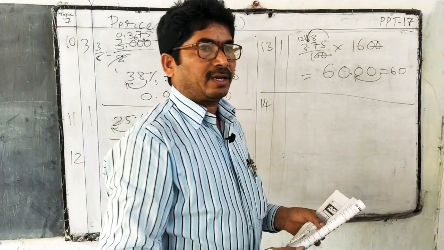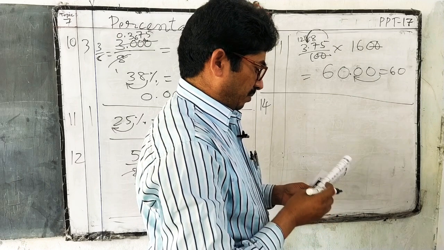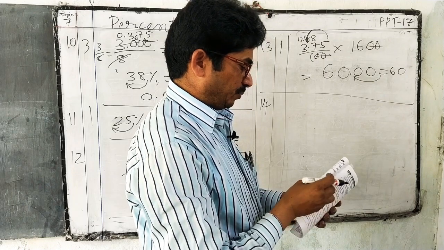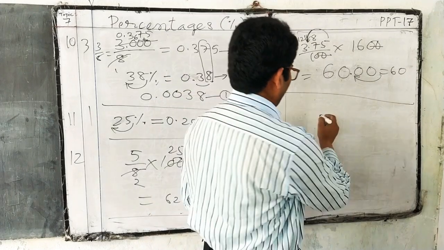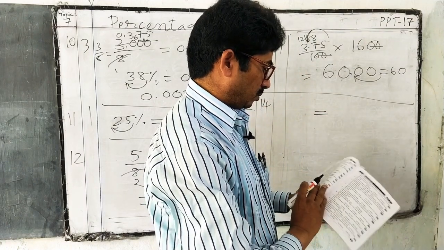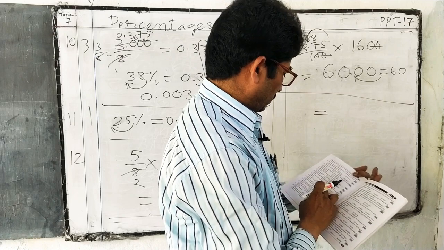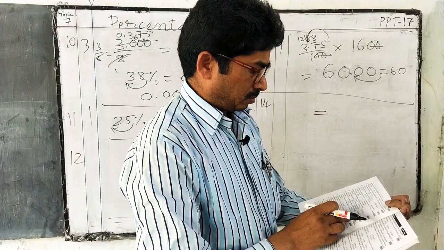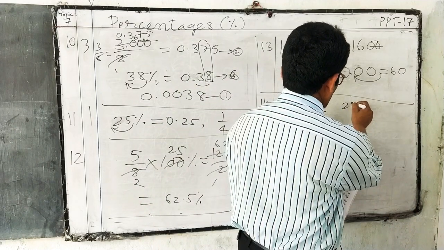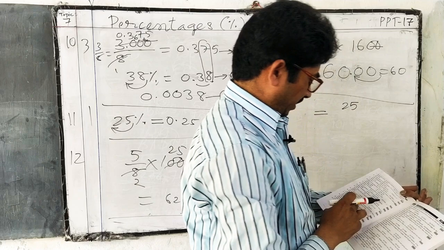There is a formula in our MMP book. B's share less than A is equal to 25.